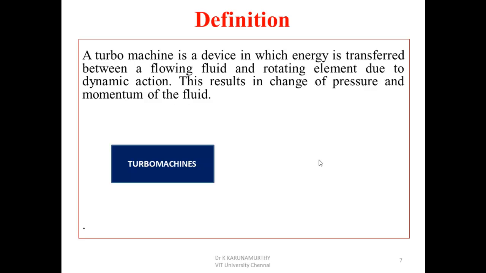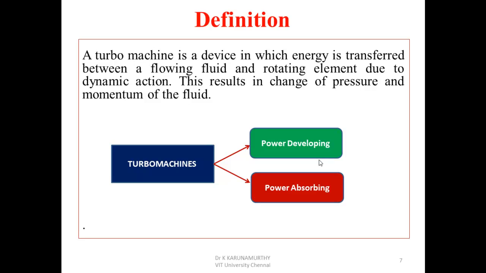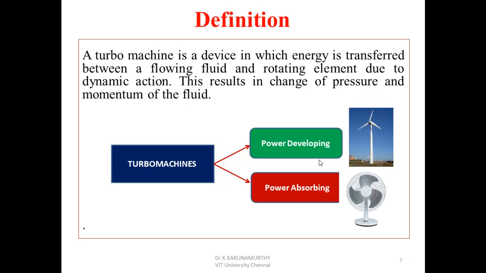Turbomachines we classify into two different types: power developing turbomachines and power absorbing turbomachines. Earlier I told you we have different types of turbomachines like turbine, pump, compressor, blower, fan, etc. Turbines come under power developing turbomachines, whereas fan, compressor, and pump come under power absorbing turbomachines.